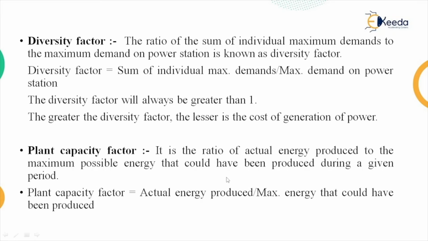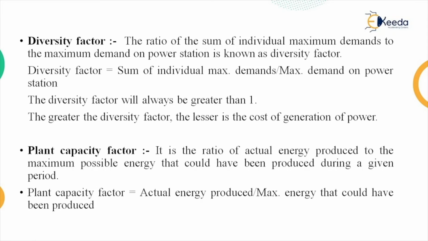Means if we operate a generator for 1 day, let us say capacity of the generator is 250 megawatt, but we required, let us say, 200 megawatt. So it is the ratio of actual energy produced, 200 megawatt, to the maximum possible, meaning maximum 250 megawatt. So that represents the plant capacity factor.